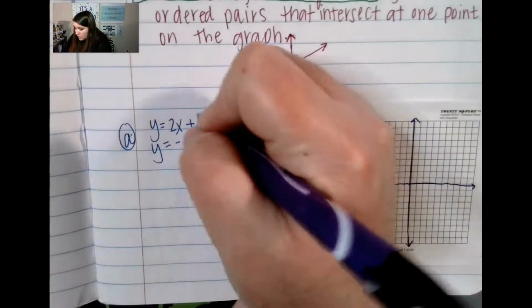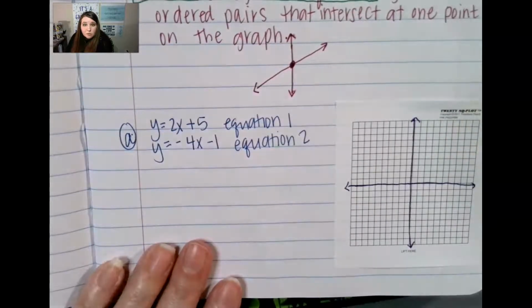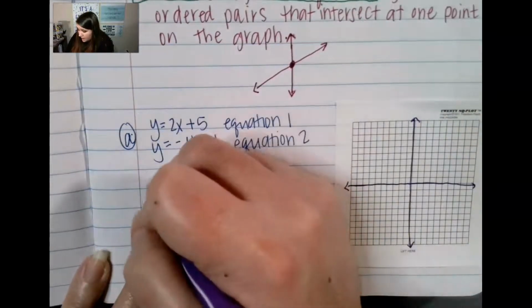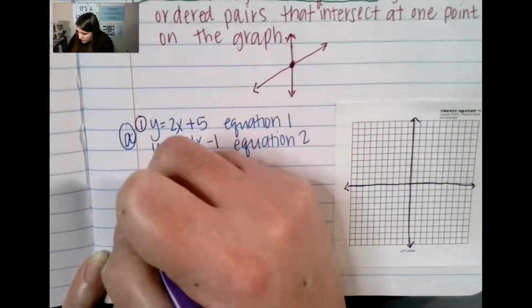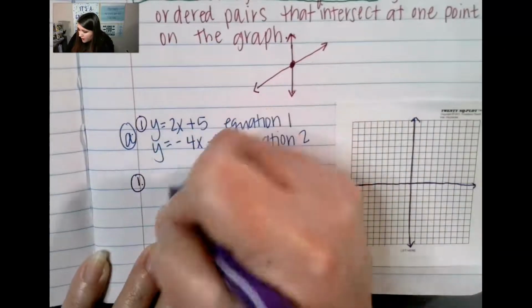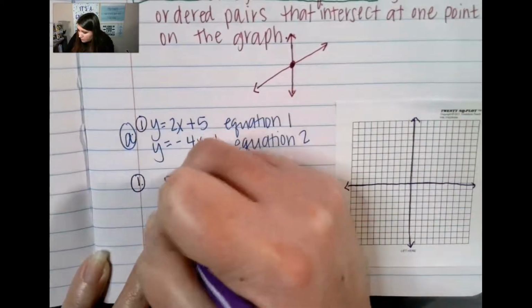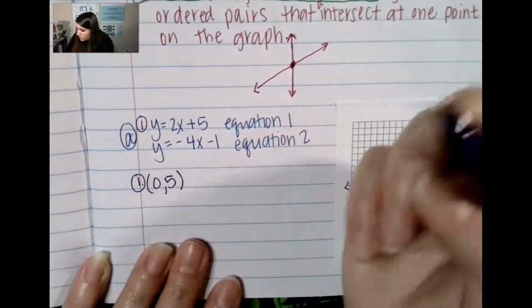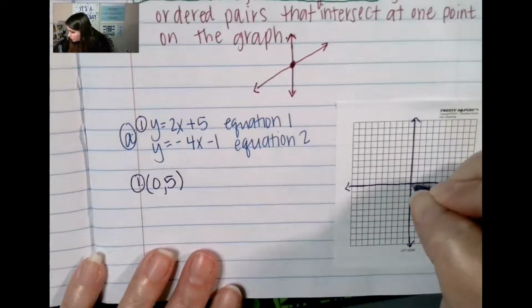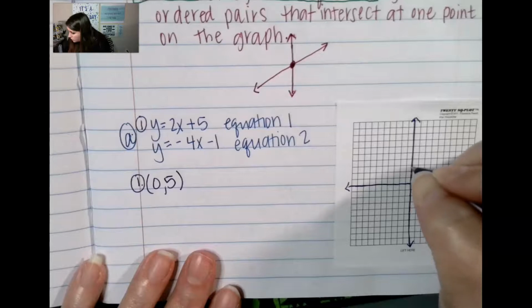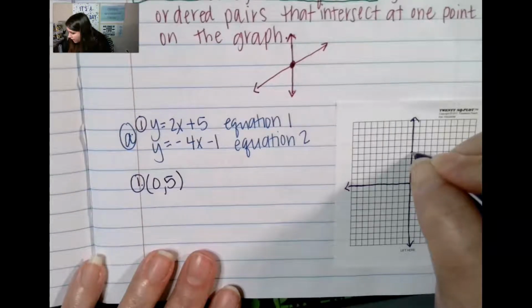So let's look at equation 1. We have y-intercept is 5, which means x is 0. So we're going to go to 0, 5. So 0, and then 1, 2, 3, 4, and 5.